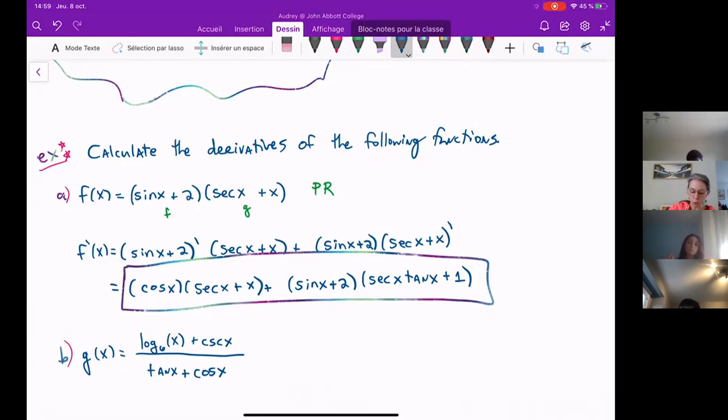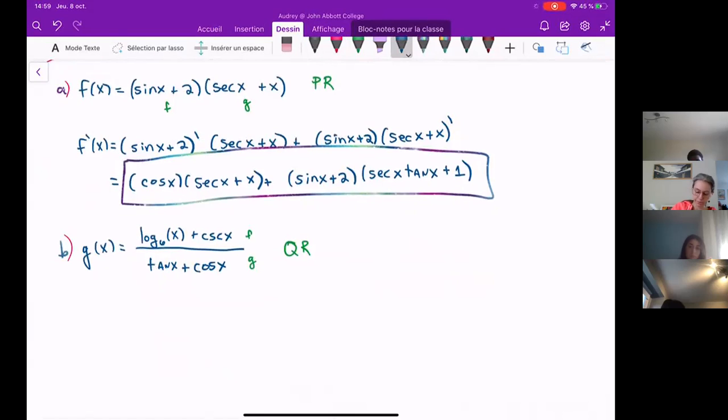So I'm going to need a quotient rule here. I have a function over a function that tells me I need a quotient rule. So we're just going to apply that quotient rule.